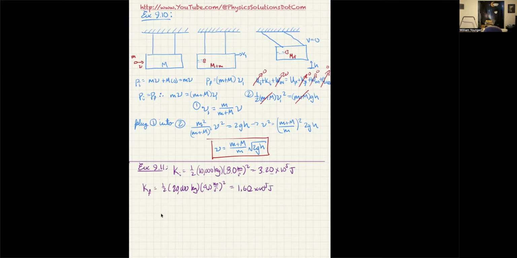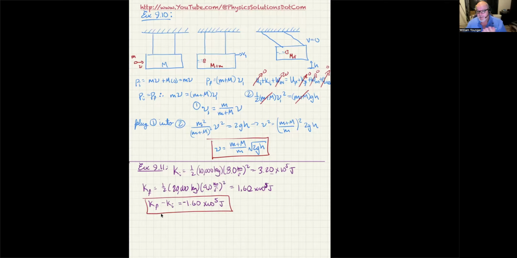So K final minus K initial is equal to 1.60 times 10 to the fifth joules. Technically, that's a negative because we actually lost that much. But that's what the change in kinetic energy is. We've lost about half of the kinetic energy.